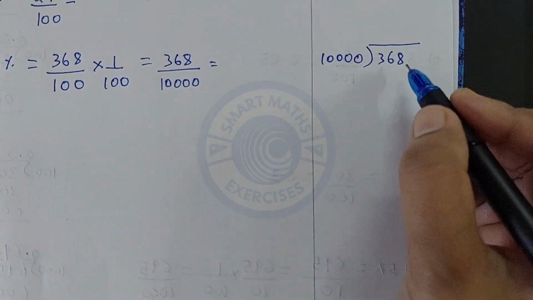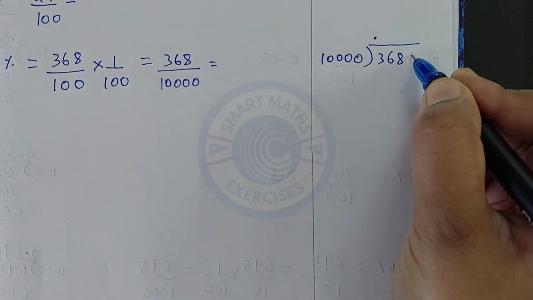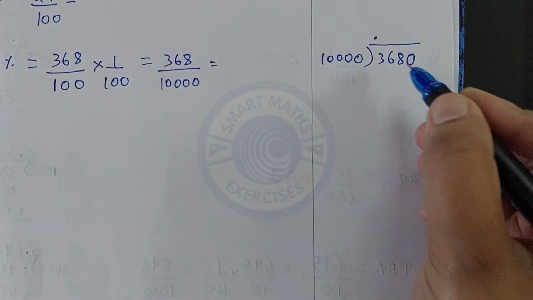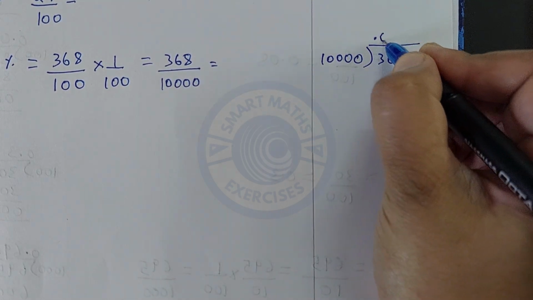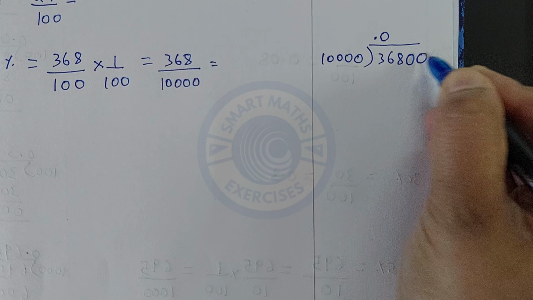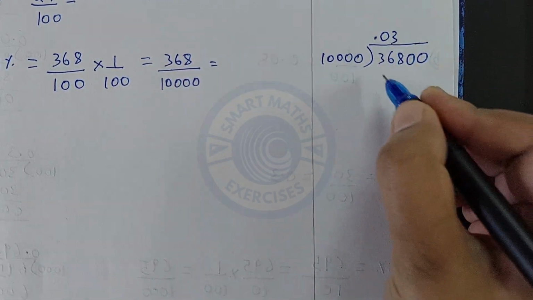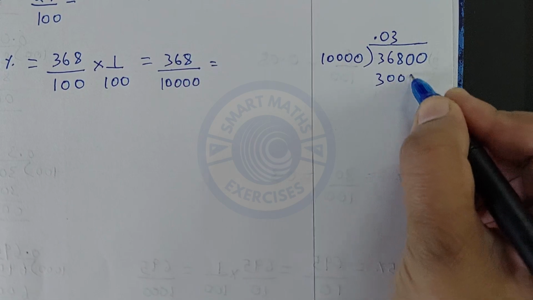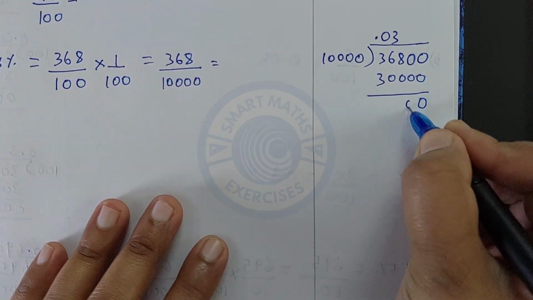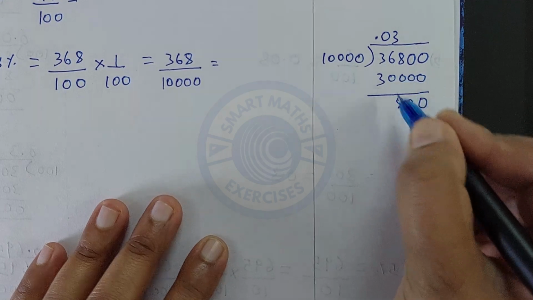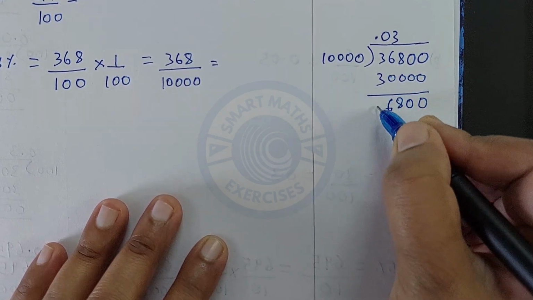Now 368 is less than 10,000. So add a decimal point and add a 0. Again 3,680 is less than 10,000. So add a 0, add a 0. Now 10,000 threes are 30,000. 0 minus 0 is 0. 8 minus 0 is 8. 6 minus 0 is 6. 3 minus 3 is 0.